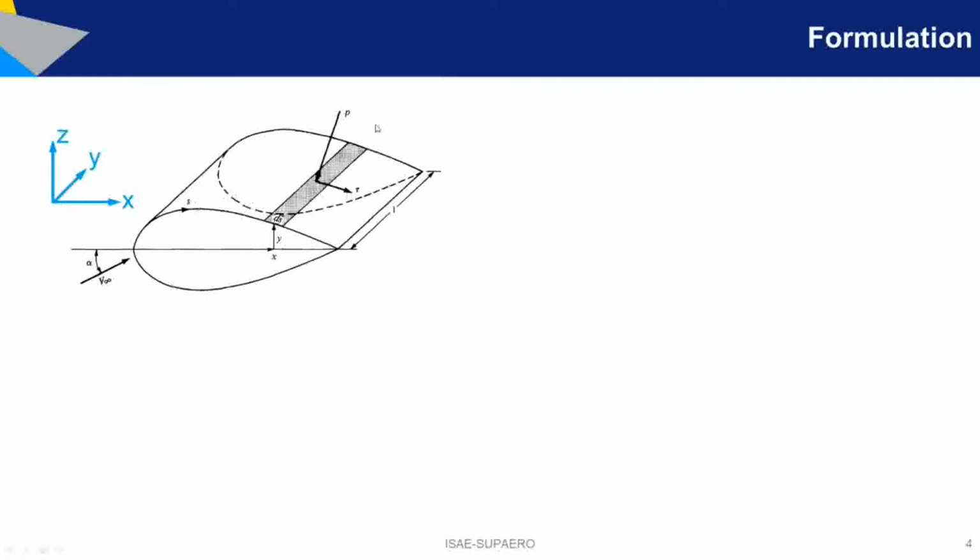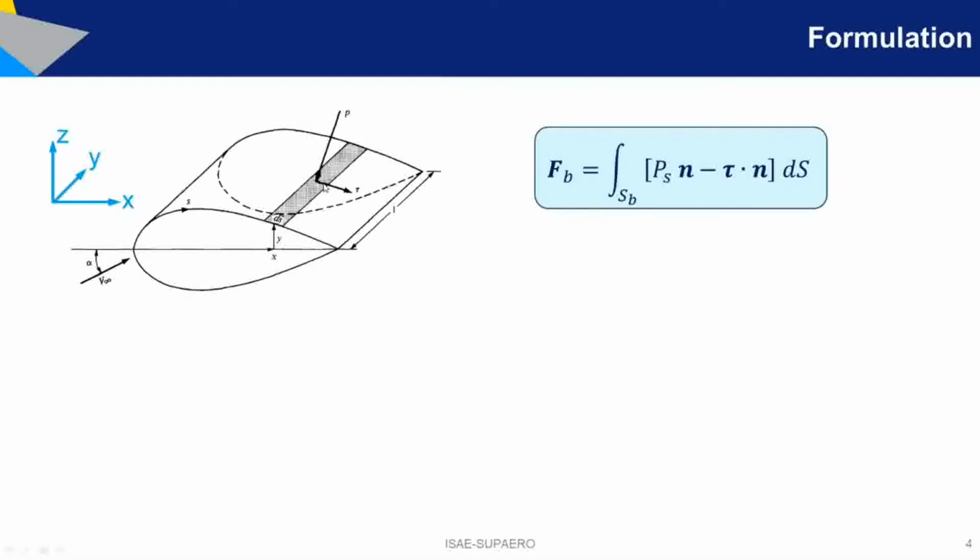And then if you consider a surface of an aircraft, you should consider an element of surface marked here with this stripe. In order to obtain the total force acting upon the body, you have to take into account the force generated by the pressure acting normal to this element, and also the friction force acting tangential to this element.